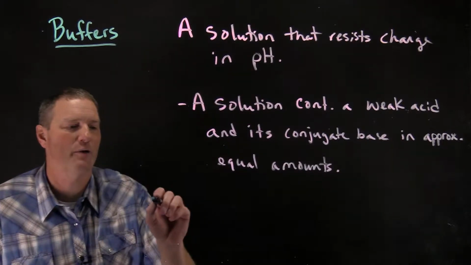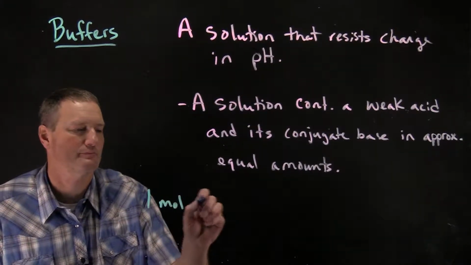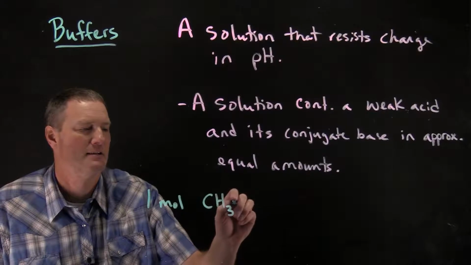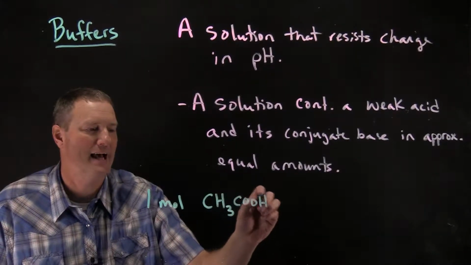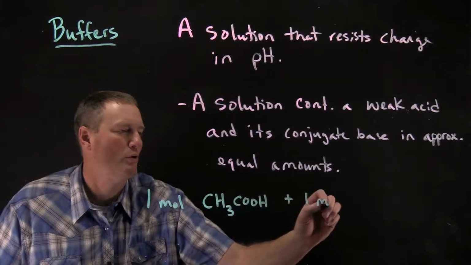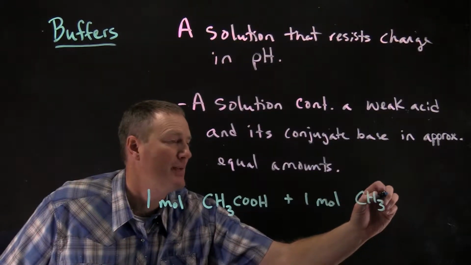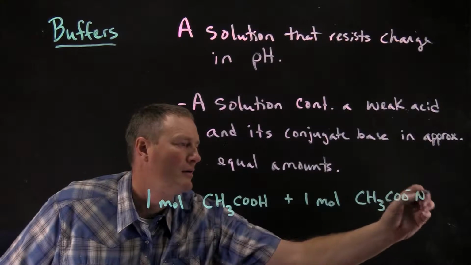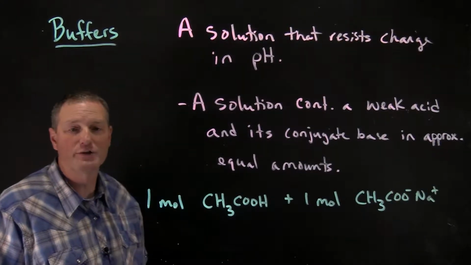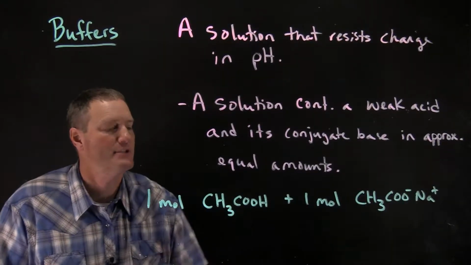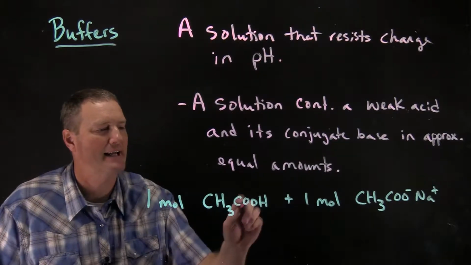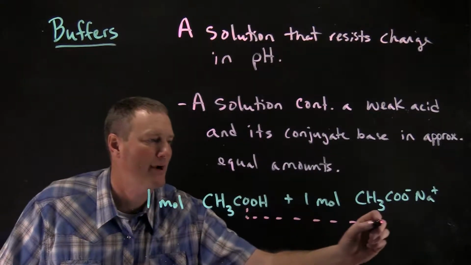So for example, if I mix 1 mole of acetic acid, which is a weak organic acid, plus 1 mole of the conjugate base, something like sodium acetate. These two are related as the acid and conjugate base pair.